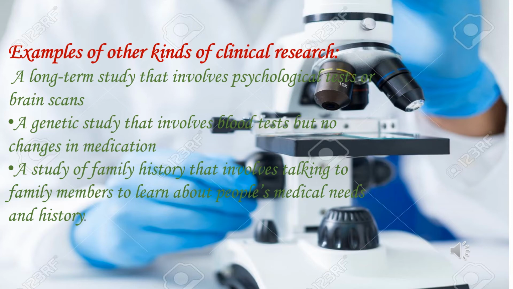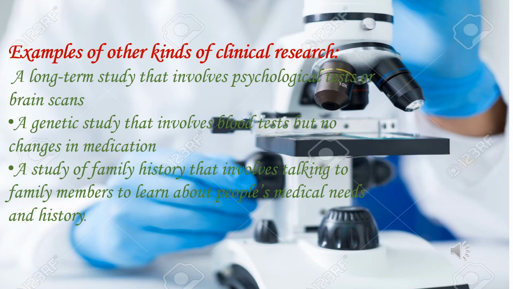Examples of other kinds of research mainly include a long-term study that involves psychological tests or even brain scans, which is adopted to understand neurophysical activity. A genetic study involves a blood test, but at times there won't be any change in the medication.